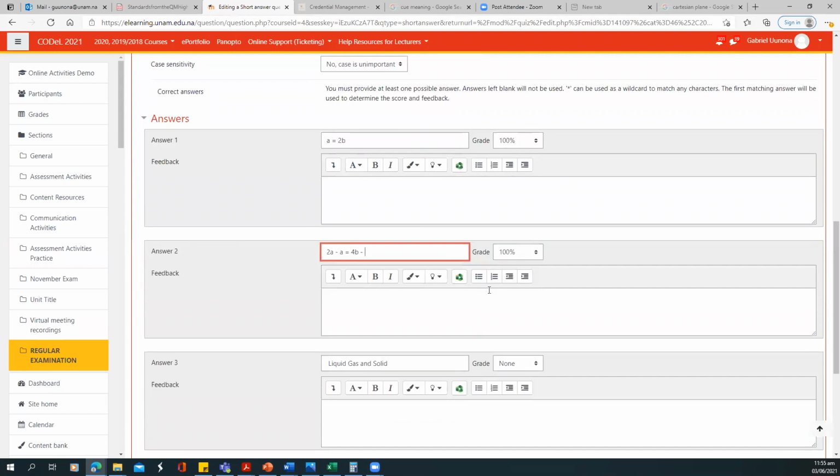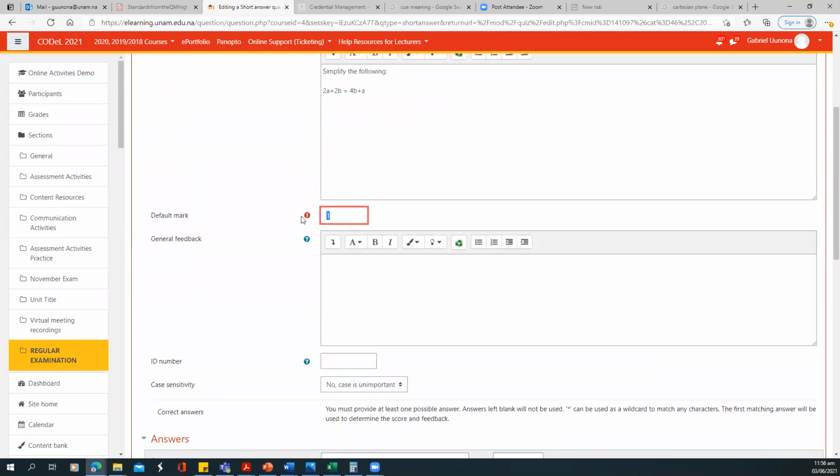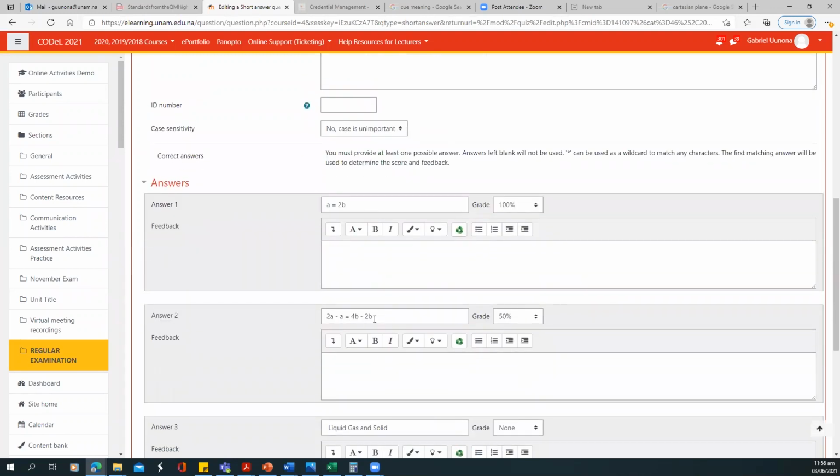This person has gone some steps, but if it is a 2-mark question and they just write it this way, they will have only 50% of the mark. So you can use it in mathematics as well.